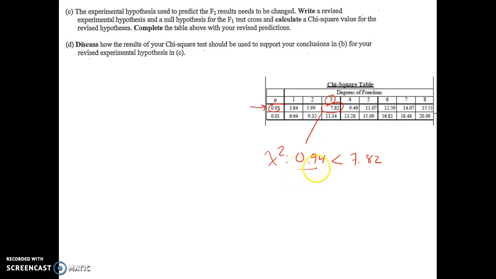Since this chi-square value is less than this critical value, this allows us to fail to reject the null hypothesis.